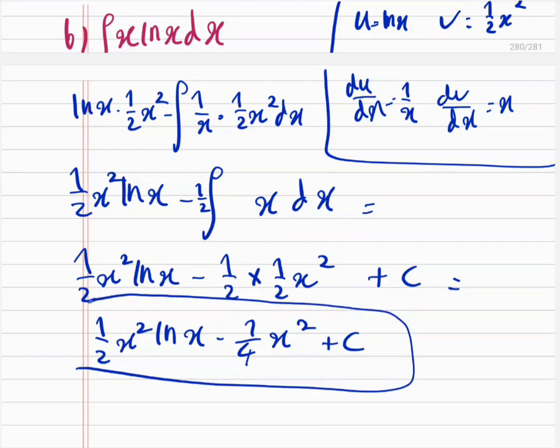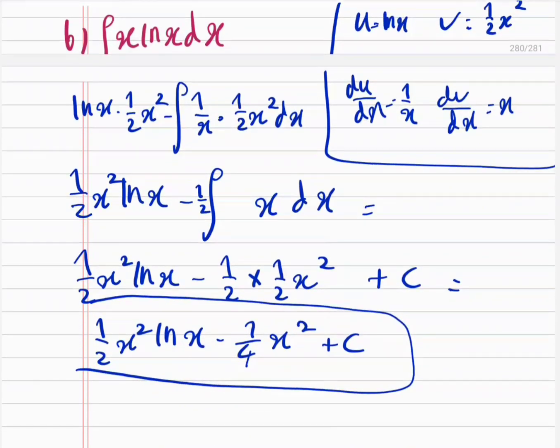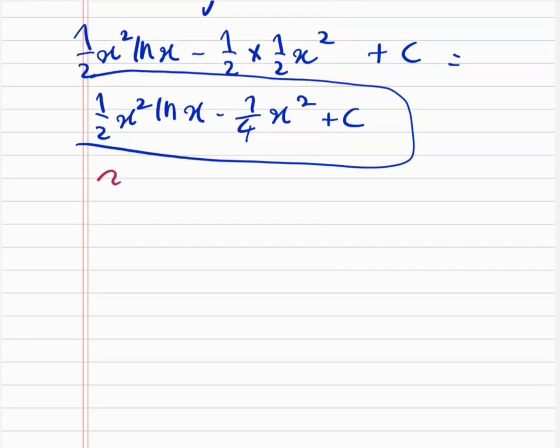There is actually a priority that I earlier mentioned that we can always take into consideration when we want to set one of the functions equal to u. We can use an acronym for that: LIATE. L stands for logs, so for example ln x, or any logarithmic function.